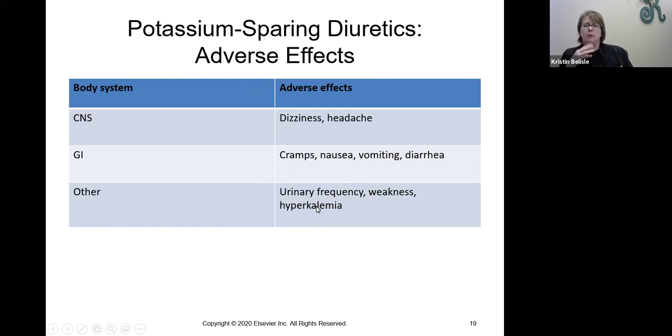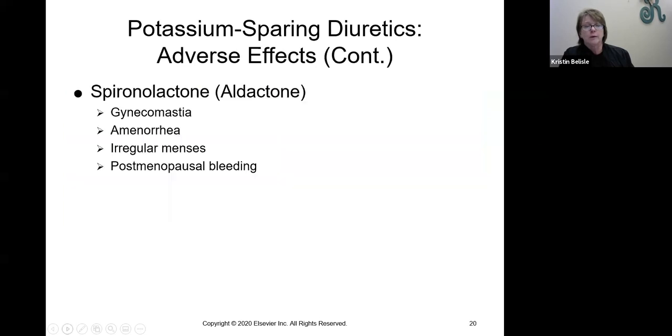Because you're blocking the potassium from being dumped, it can create a high potassium level. So you still need to get your lab levels and look at your potassium, sodium, your basic panel, and make sure that your potassium level is okay. Because if we have too much potassium and we're hyperkalemic over 5.0, we can have cardiac issues, dysrhythmias, and other things that can go awry.